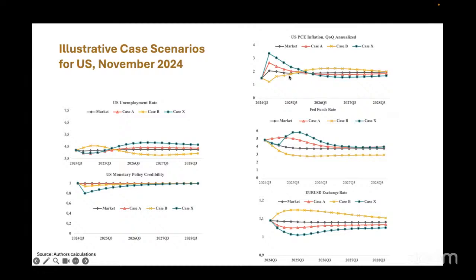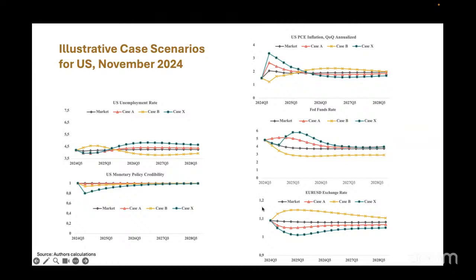And to curb these inflationary forces, we need to have a higher interest rate path. Doing that, we will create a higher sacrifice ratio in terms of the unemployment rate, as we can see here. And we can see that in this case, we also lose some credibility.